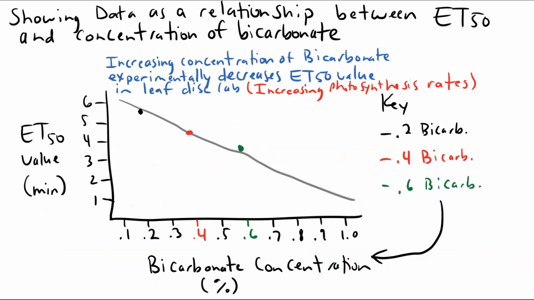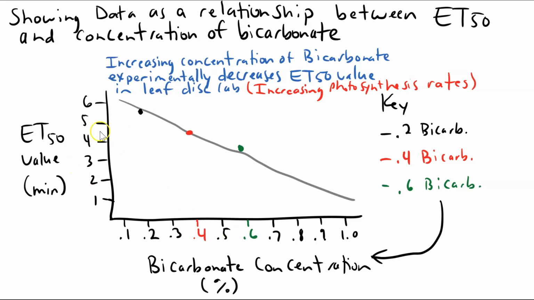So if you change your graph slightly just to have ET50 values in minutes on the y-axis, this is the data that you could get. Notice that down here on the x-axis, instead of time, I'm now showing you the concentration of sodium bicarbonate going from 0.1 to 1%. Okay, so keep in mind 0.2 was our control, 0.4 is our 2 times the normal amount experiment, and 0.6 is 3 times the normal amount.